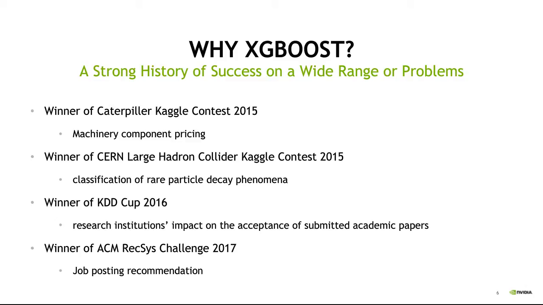Okay, it's great. We're getting a whole bunch more questions. So what other algorithms are supported by Rapids besides XGBoost? Currently in the cuML package, we support principal components analysis, truncated singular value decomposition, DBSCAN, k-means, and k-nearest neighbors.